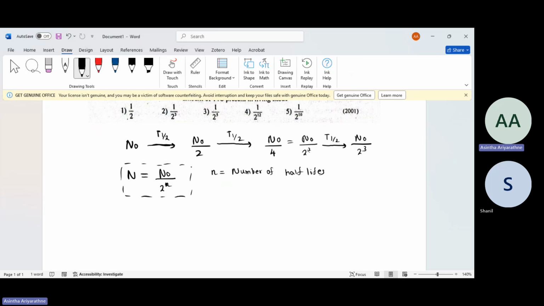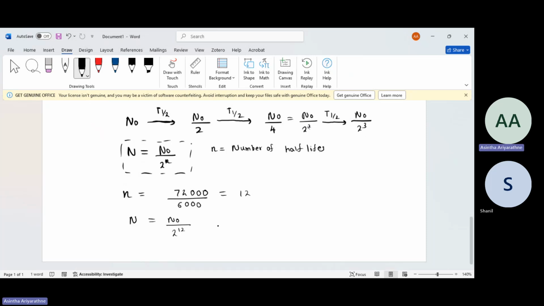The number of half-lives is equal to 72,000 divided by 6,000, which is 12. And n is 12, then we get n is equal to n naught over 2 to the power 12.